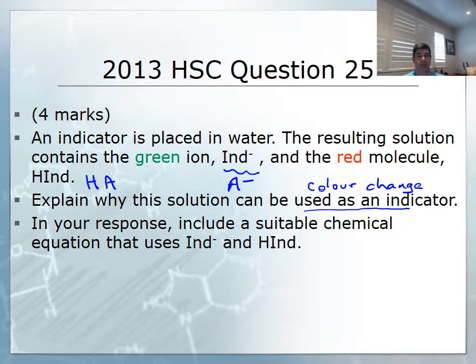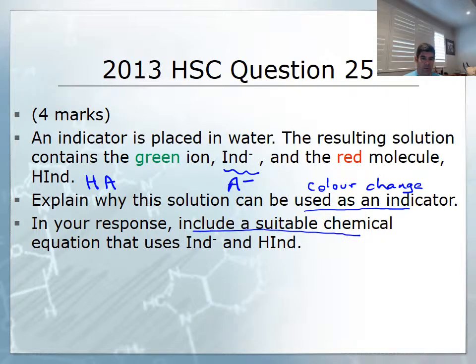If a solution is to be effective as an indicator, then it must change color in the presence of an acid or a base. And if we're going to look at how effective this is as an indicator, then we're going to need to include a suitable chemical equation.